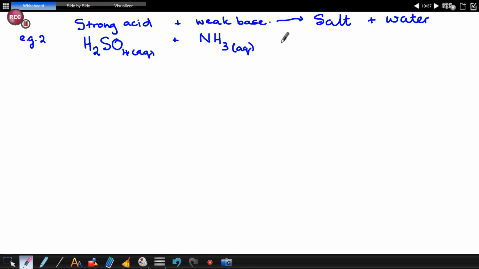So if you have these two making contact, what will the salt be? NH4, SO4.